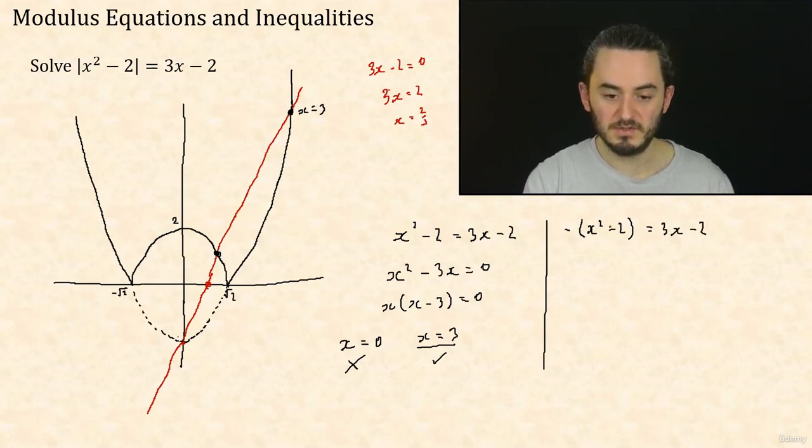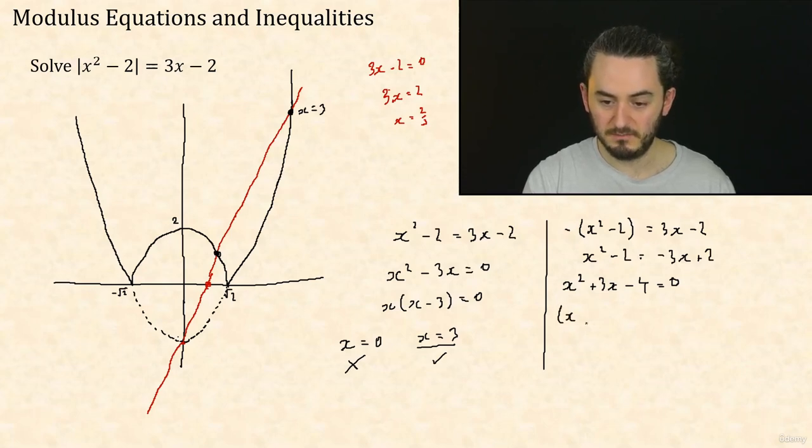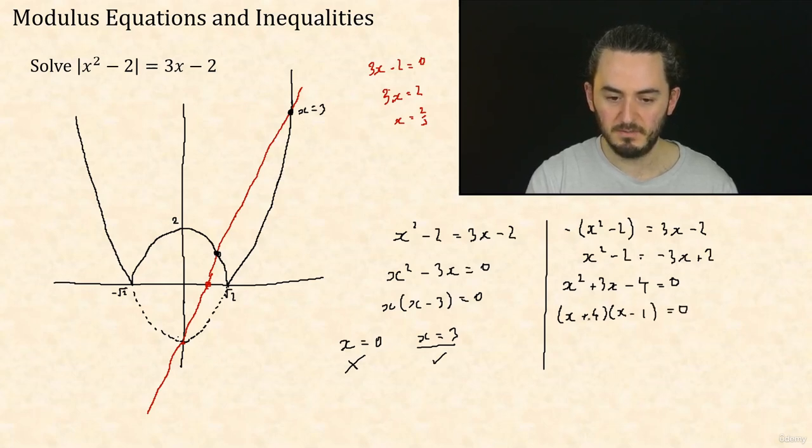Solving this should find this point here. I'll multiply through by -1. So x squared minus 2 equals negative 3x plus 2. We've got a quadratic here: add 3x to both sides, subtract 2 from both sides, and I can factorise this. It's x plus 4, x minus 1. And this is giving me solutions of x equals negative 4 and x equals 1.